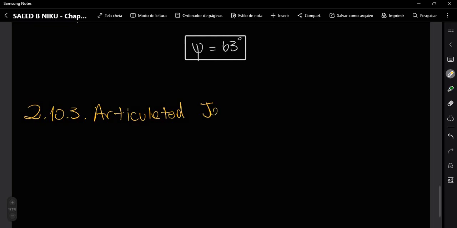But this is something that we discuss when we are discussing Denavit-Hartenberg.